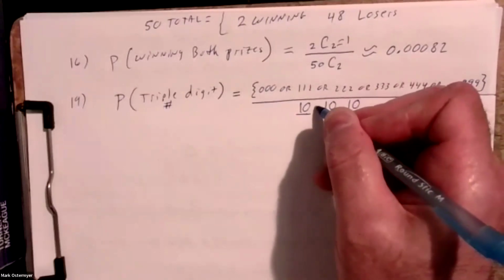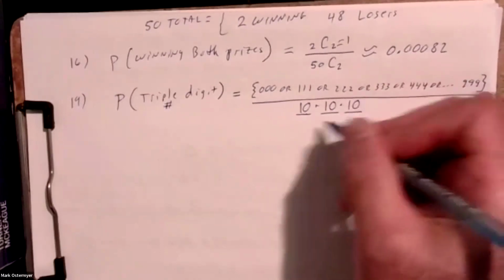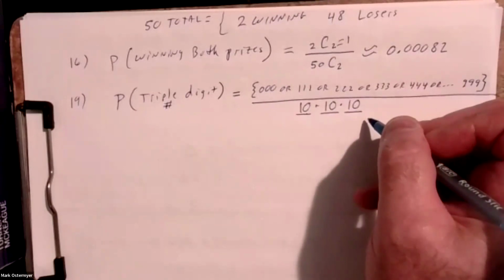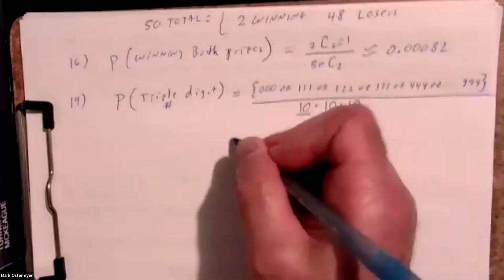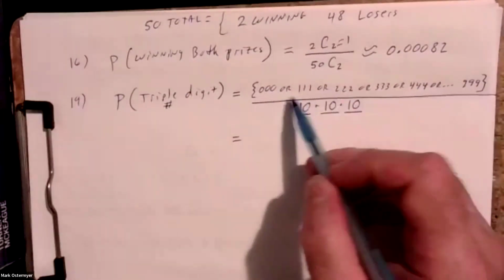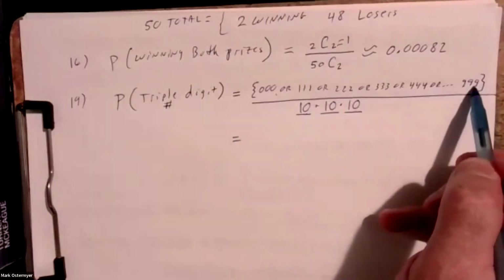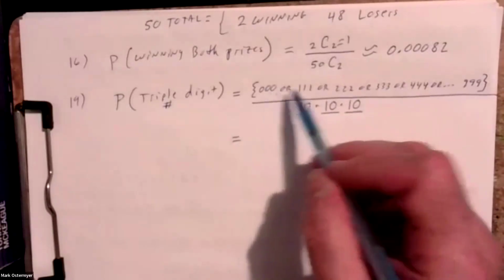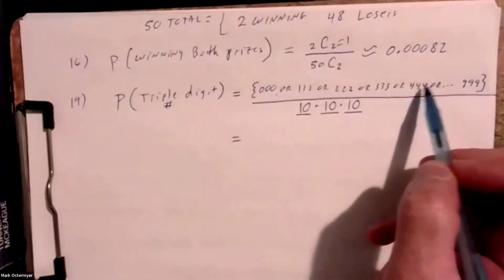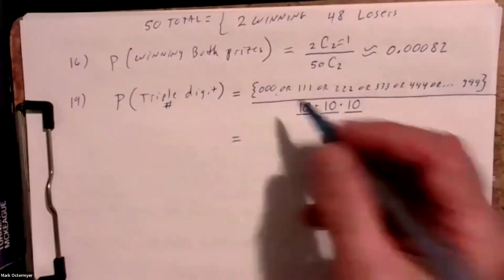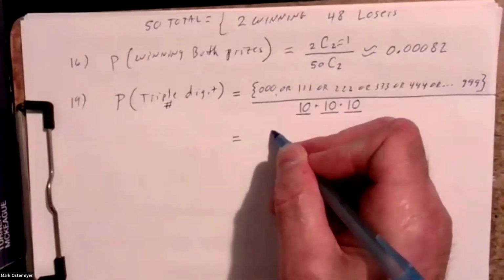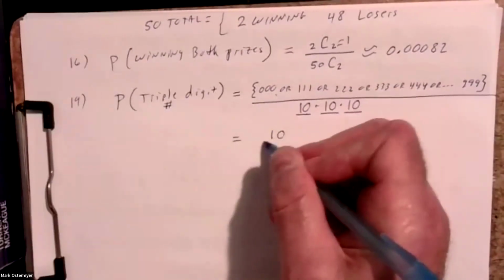According to the fundamental principle of counting, there's 10 times 10 times 10 ways of putting together a 3-digit lottery ticket. And of those, how many would be triple-digit lottery ticket numbers? Well, that would be 10 different ways in which you could choose a triple-digit lottery ticket.